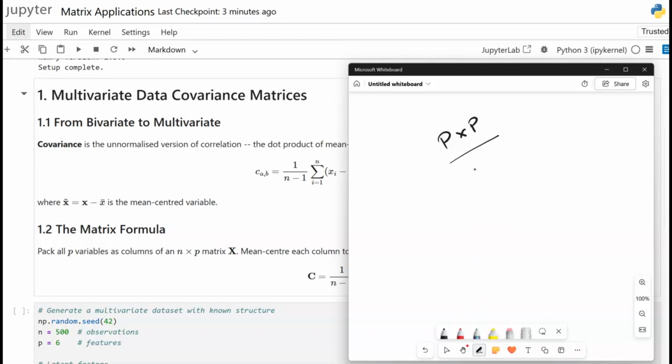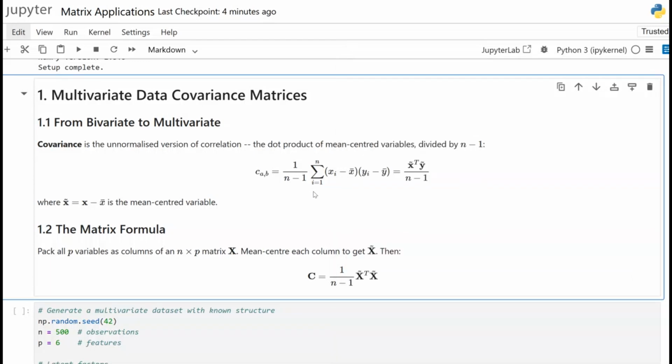And covariance is the unnormalized version of correlation. So the dot product of mean centered variables would be divided by n minus 1. Kindly keep it in mind. And here we go with the equation. Observe, dear friends: the covariance between variable a and b equals 1 divided by n minus 1 multiplied by the sum from i equals 1 to n of (x sub i minus x bar) multiplied by (y sub i minus y bar).